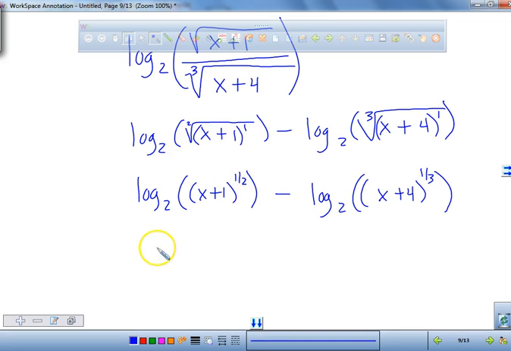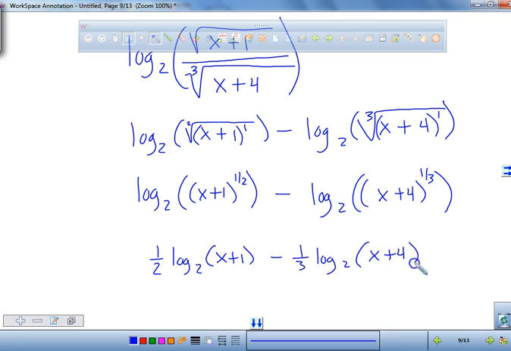So my final answer to Josiah would be 1/2 log base 2 of x plus 1 minus 1/3 log base 2 of x plus 4. And this is just an example. This is not one of your problems.